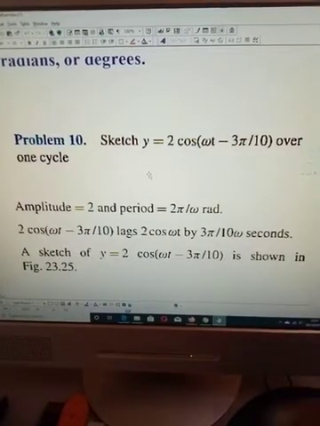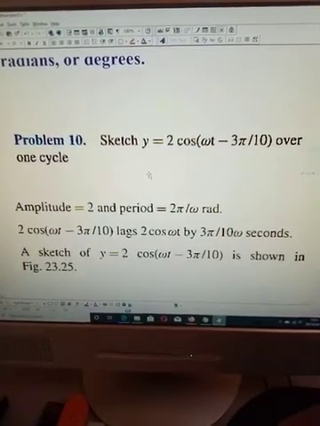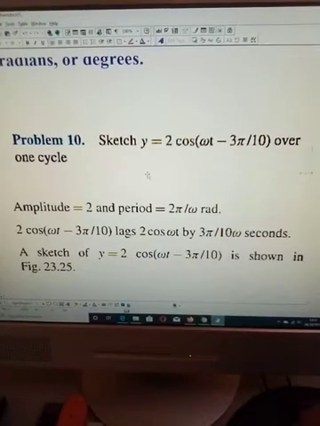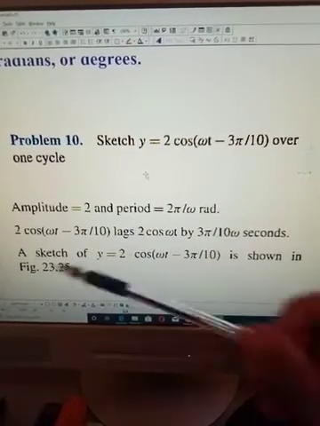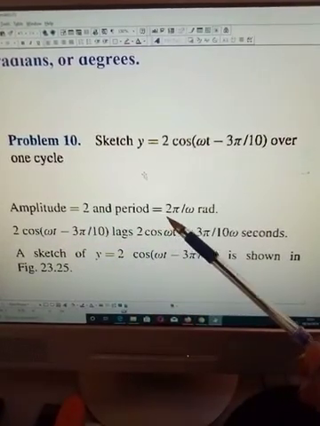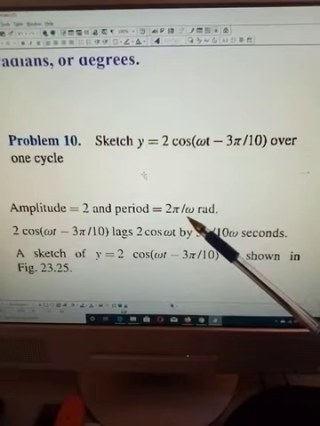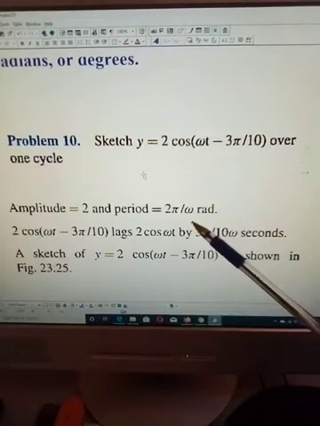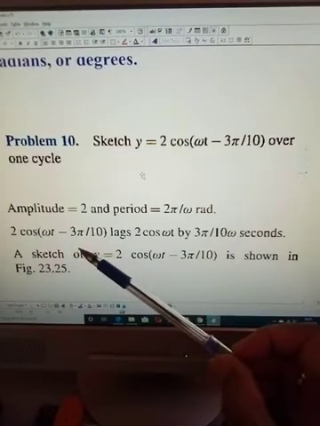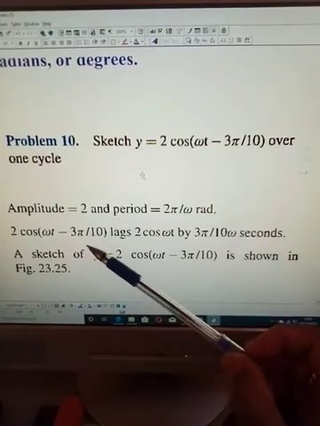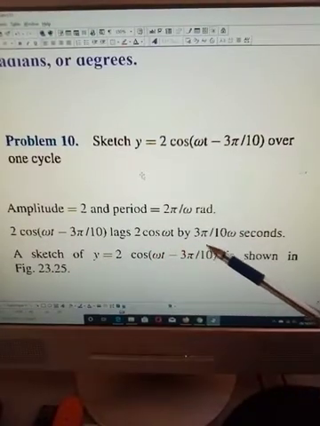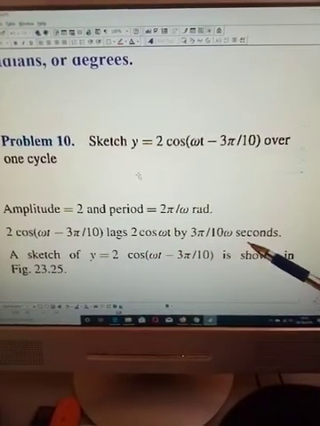Now problem 10. Sketch y equals 2 cos(omega t - 3 pi/10) over one cycle. Amplitude 2 and period is equal to 2 pi over omega rads. 2 cos(omega t - 3 pi/10) lags 2 cos omega t by 3 pi over 10 omega in seconds.